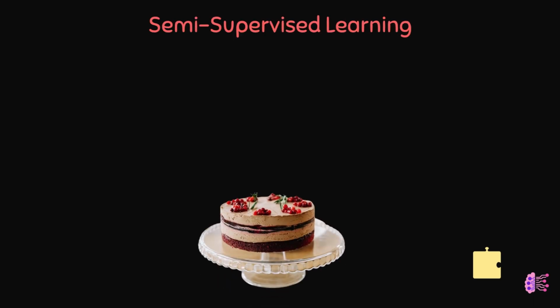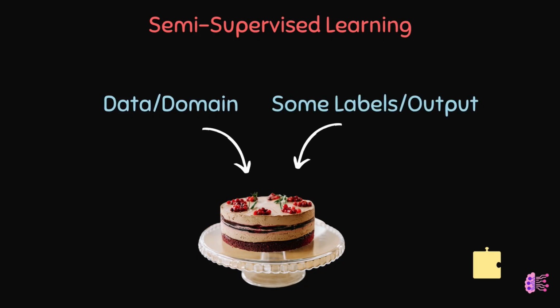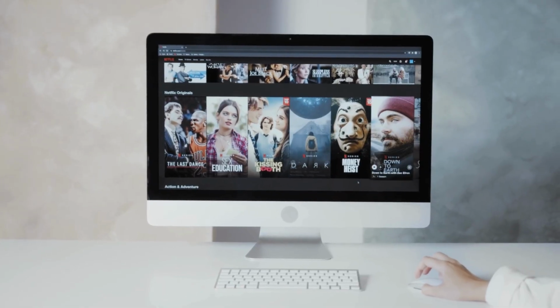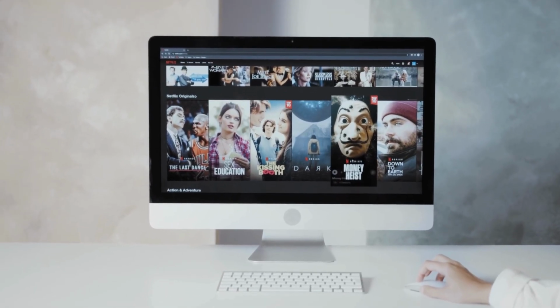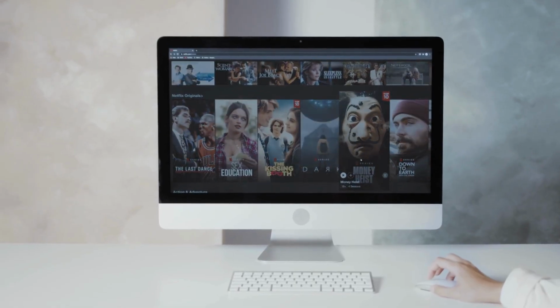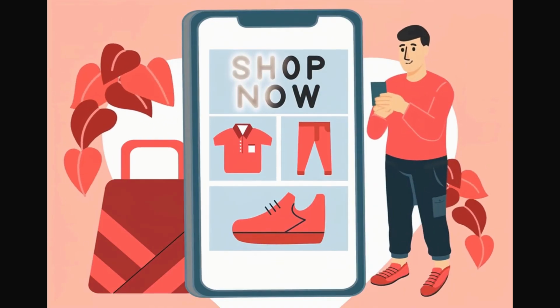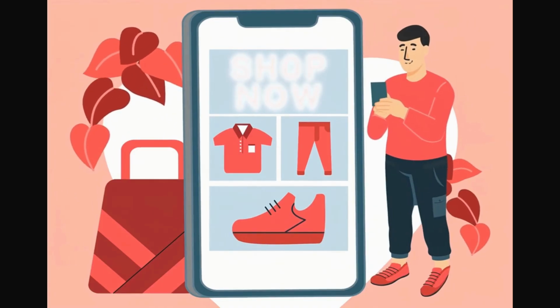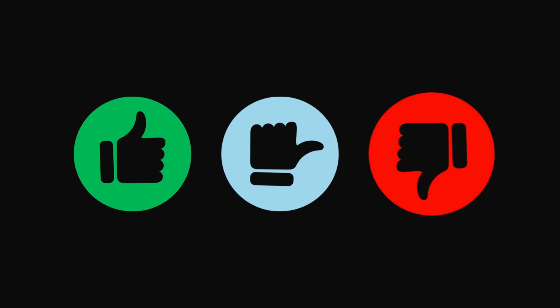The third category is semi-supervised learning. It's similar to supervised learning, but not all data is labeled. A vast majority of the labels are missing. A great example of semi-supervised learning is recommendation systems. To suggest relevant products to a user, the system ideally needs to understand how the user felt about items they've purchased, whether they loved them, disliked them, or felt neutral.